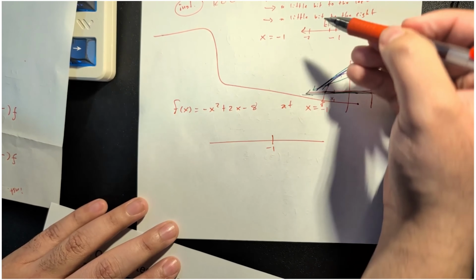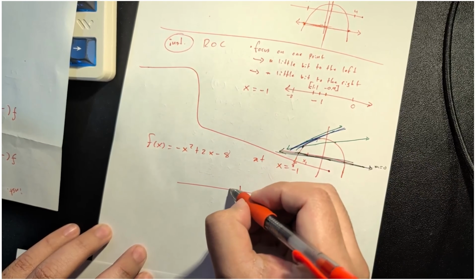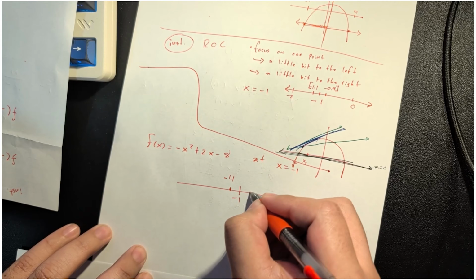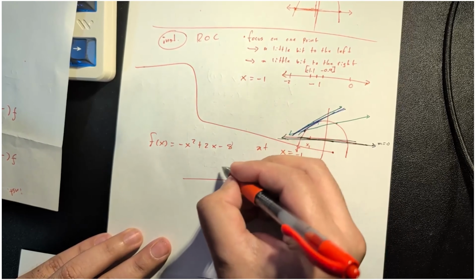And then I'm going to go a little bit to the left and a little bit to the right. So a little bit to the left is going to be negative 1.1. A little bit to the right, it's going to be negative 0.9. This is my new interval.